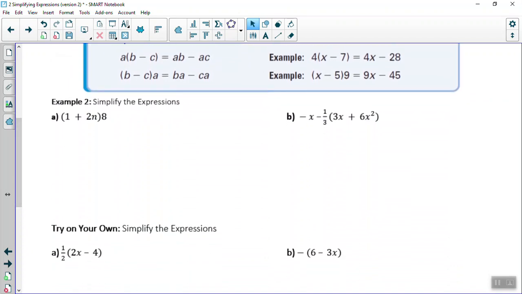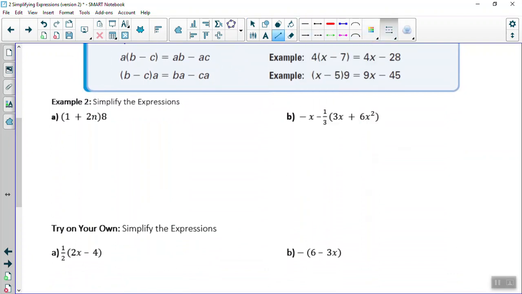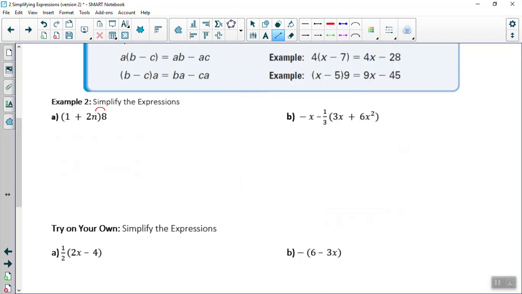All right, so we have the quantity 1 plus 2n times 8. All right, so I am going to do a little multiplying here. So I'm going to take the number that's on the outside of the parenthesis, and I'm going to distribute it to everything inside.